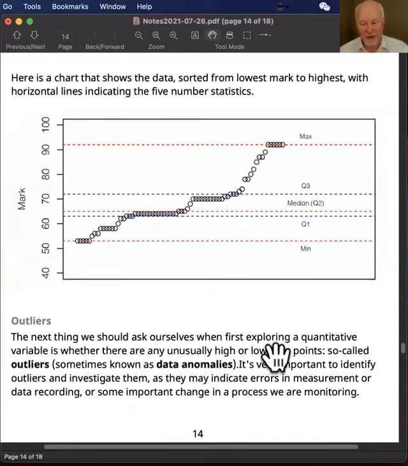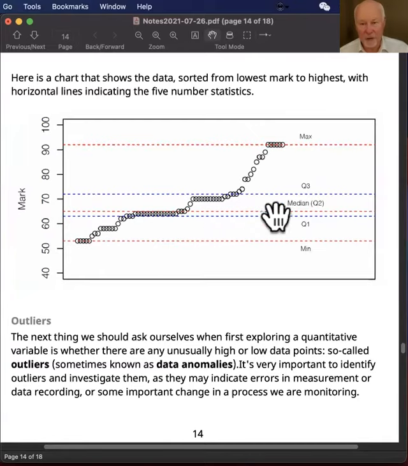So when I'm examining a set of student marks, one of the things I look at is whether there is approximately this kind of S shape. It doesn't have to be exact, but if it's a really strange shape, that suggests there's something a bit odd going on.